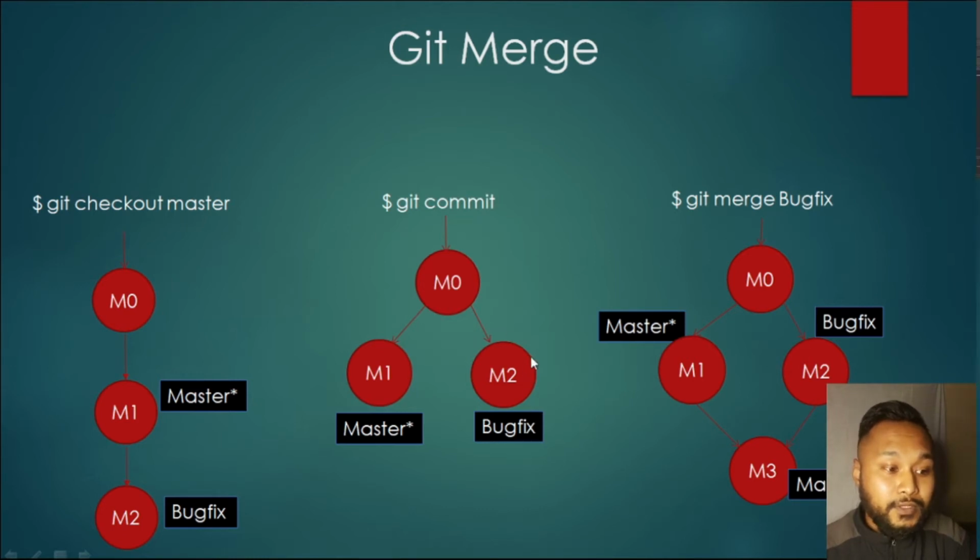And when we make multiple changes in the branch bug fix and the master, and then finally merge, it's going to be a cyclic pattern. While staying in the master, we merge the branch bug fix, and then it comes to a node M3, which is also the main master node, but it's the merge one.